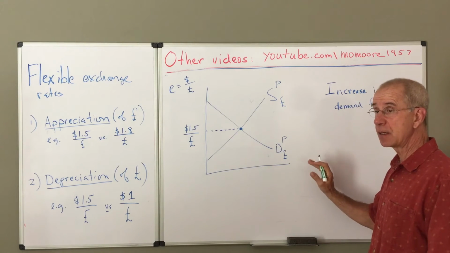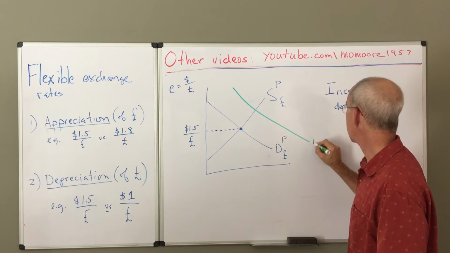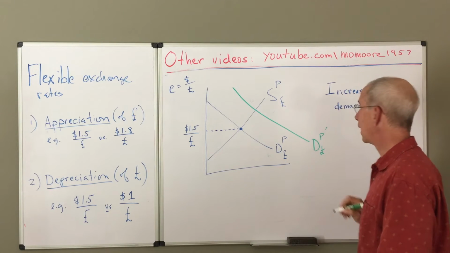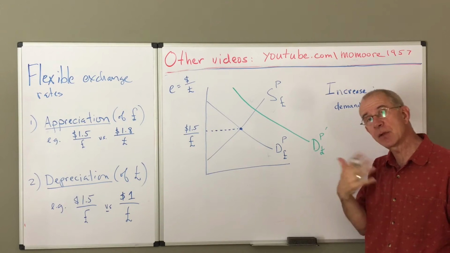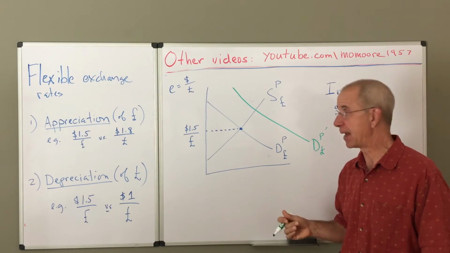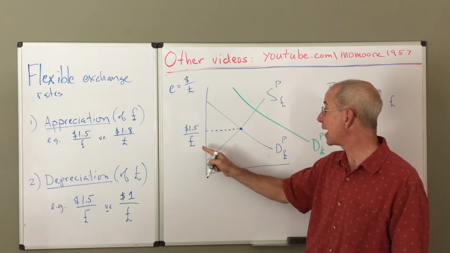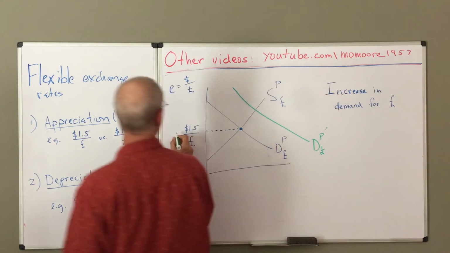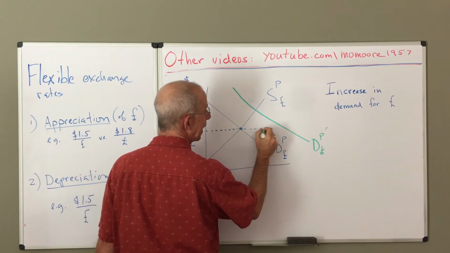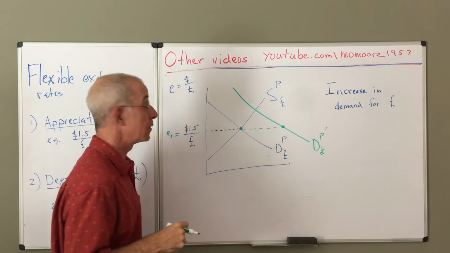So an increase in the demand for pounds would be a shift out in the demand curve for pounds, and very similar to what we would have in a standard supply and demand curve graph. At the initial price, at this initial exchange rate of $1.50 per pound, what you have is more demand for pounds than you have supply.